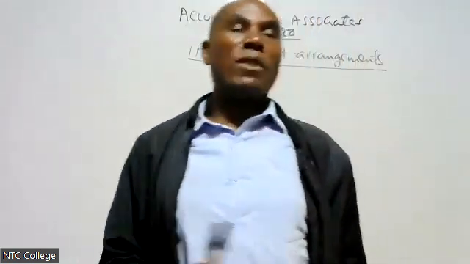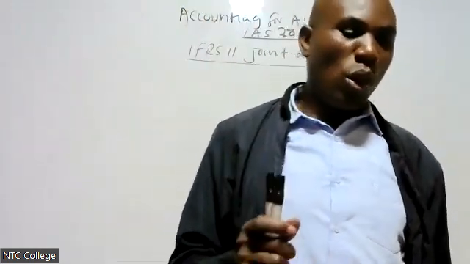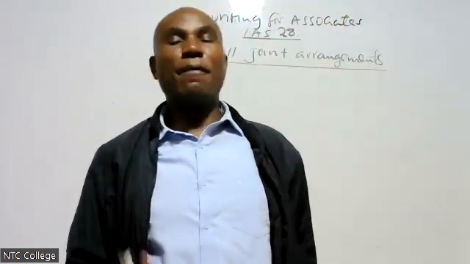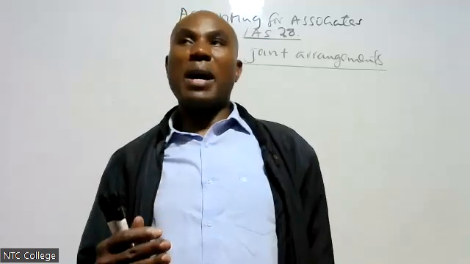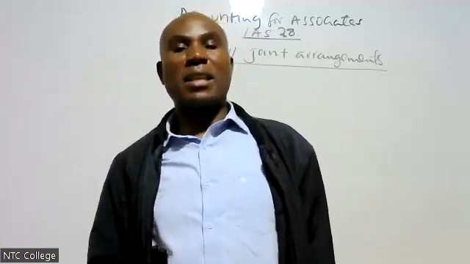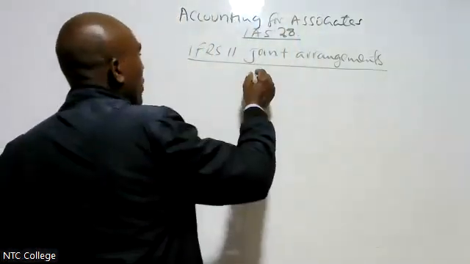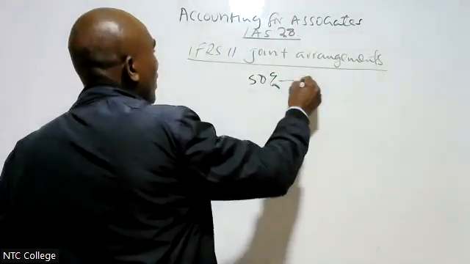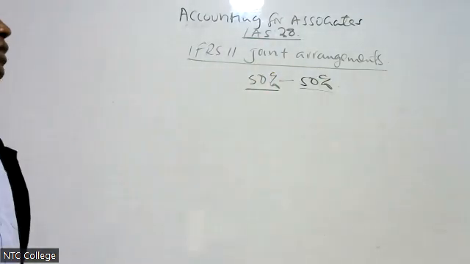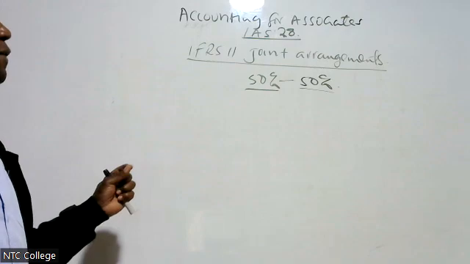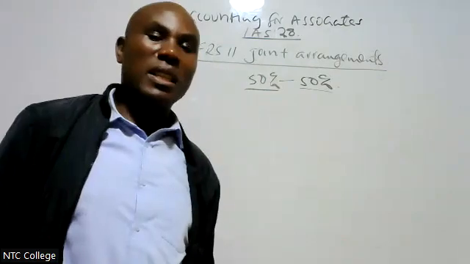When we talk of joint arrangements, this is an arrangement whereby two or more parties have joint control. Like in a joint arrangement, I might have 50% and another one has 50%, so we co-share this company.